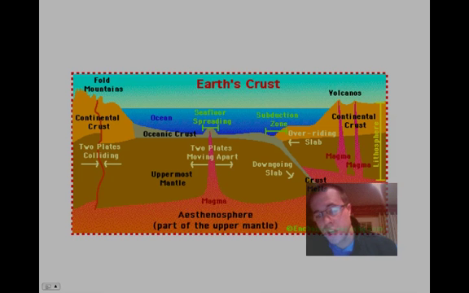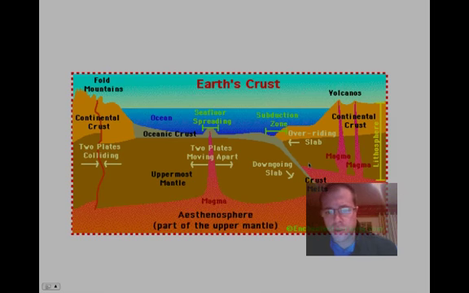It's this friction that is causing the volcanic mountains on the continental side of those subduction zones. A great example of this is the west coast of the United States with the Cascade Mountains. That is a volcanic mountain chain. We have Mount Shasta, we have Mount Hood, we have Mount St. Helens is probably the most famous or infamous of all those volcanoes.